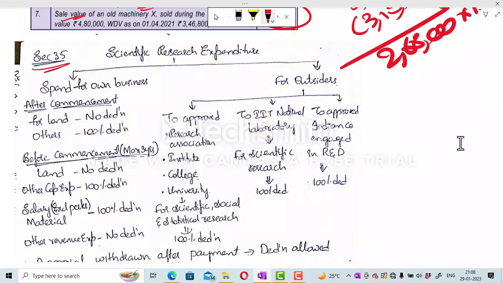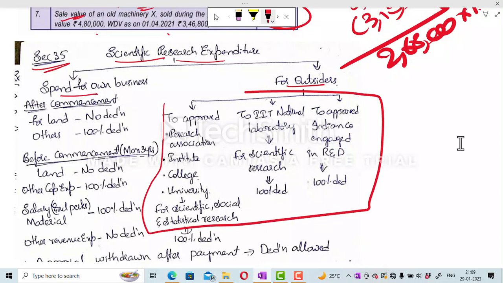Next section is 35, scientific research expenditure. See, we will get this deduction even if we spend for our own business, or we give it to outsiders for doing some research. But we should give only to these persons, then only we will get deduction. Who are those? Those with an approved research association, institute, college, university, doing scientific and social statistical research.